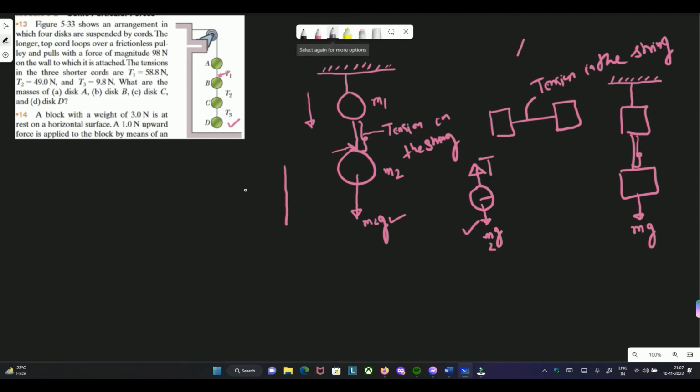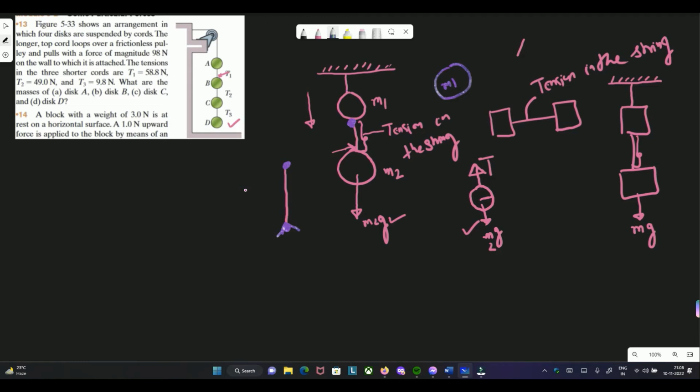So the string tends to pull m2 upwards. If you look into this situation, there are two forces on m2: m2g and the tension T on the lower part. I hope this is making sense to you. Let's talk about the situation of mass m1.